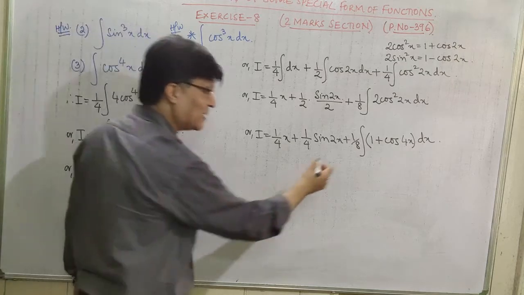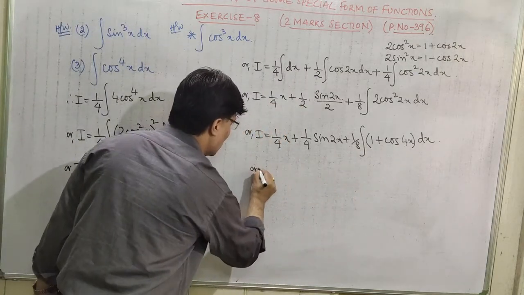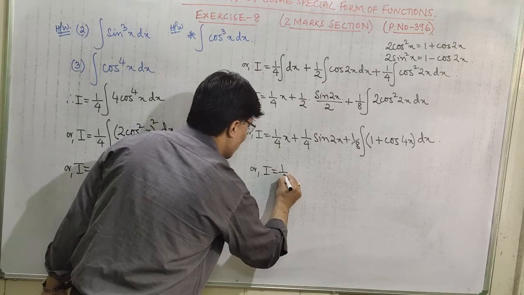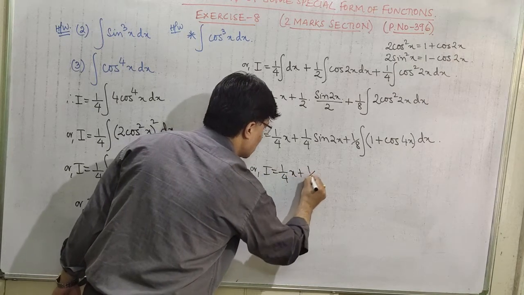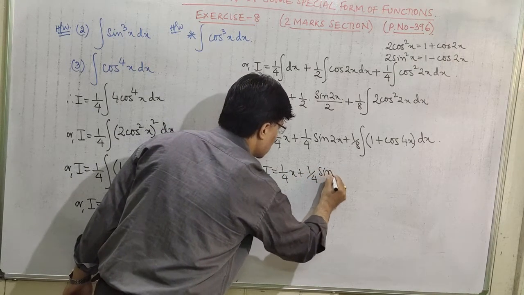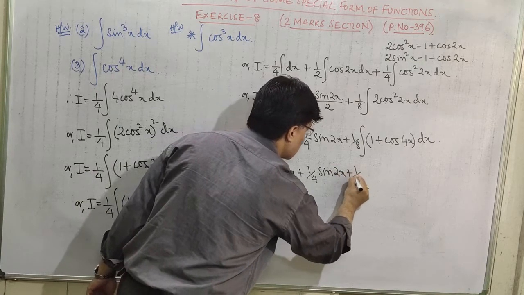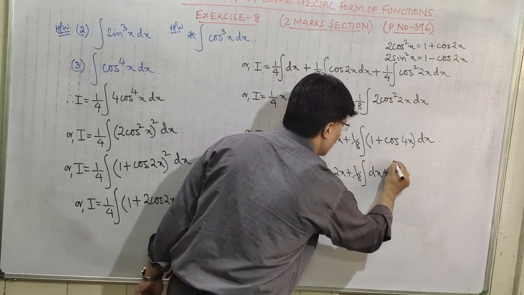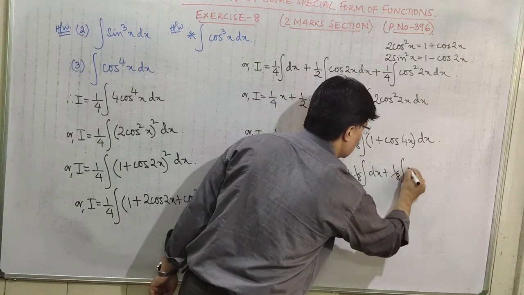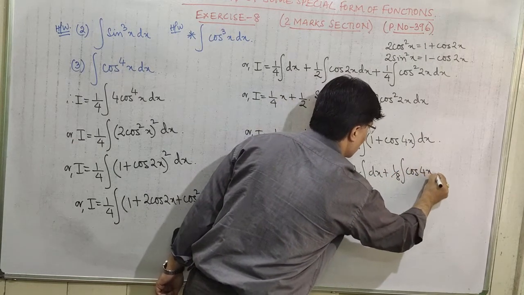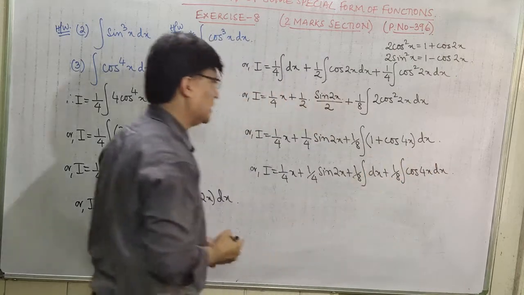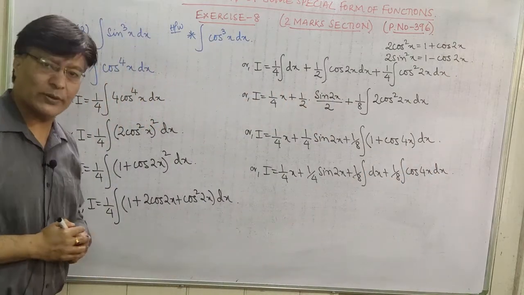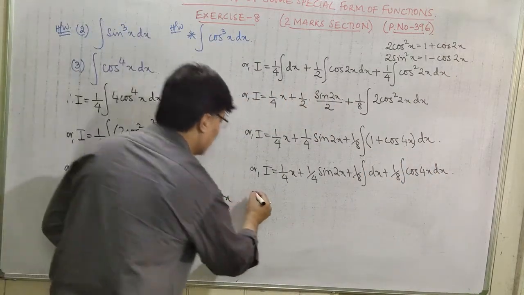So let us separate the terms in this case. I is equal to 1/4 x plus 1/4 sine 2x plus 1/8 integration of dx plus 1/8 integration of cos 4x dx. Now you can easily integrate them.